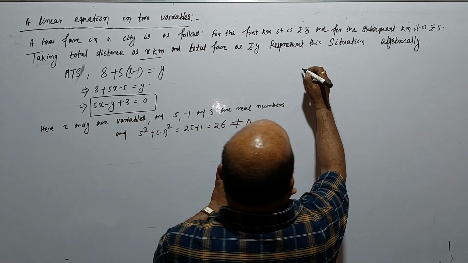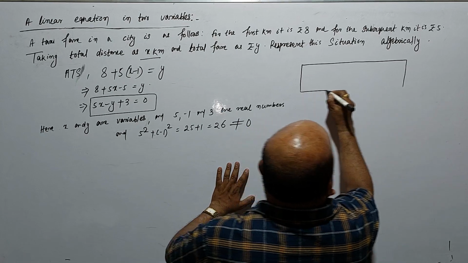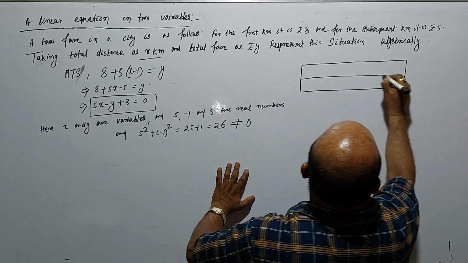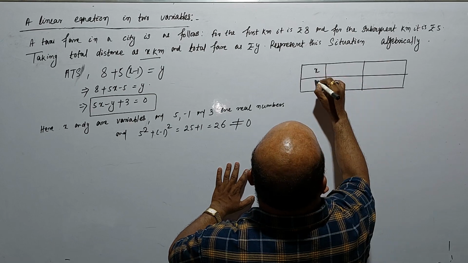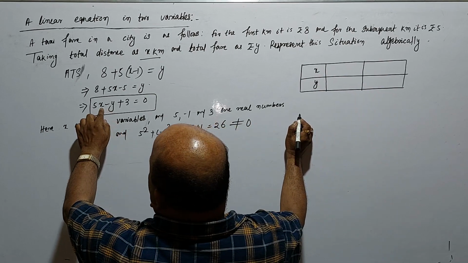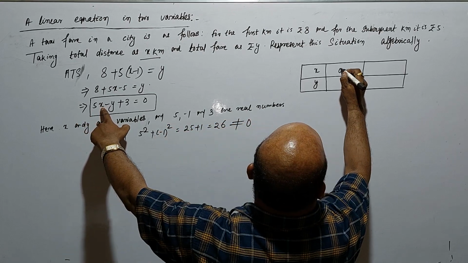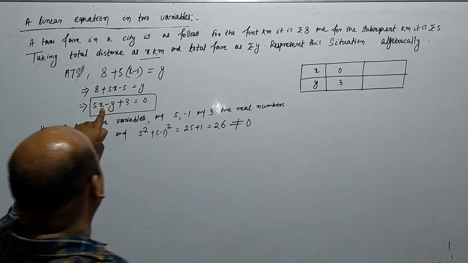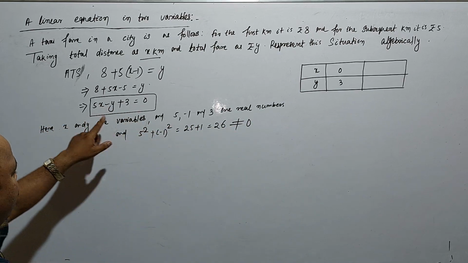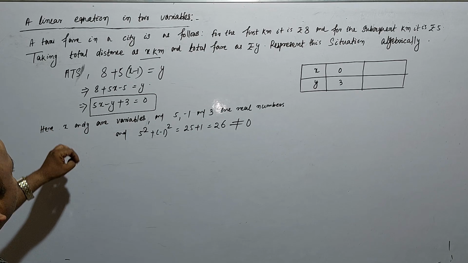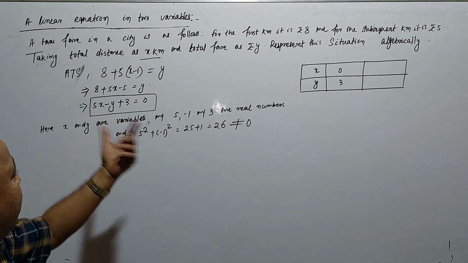Just look at here. I am drawing the graph of the equation. Okay, x and y. Suppose I am taking x is equal to 0. So y is equal to 3. For x 0, minus y equal to minus 3, y equal to 3. Okay, then if I take y is 0, then it is a fraction.